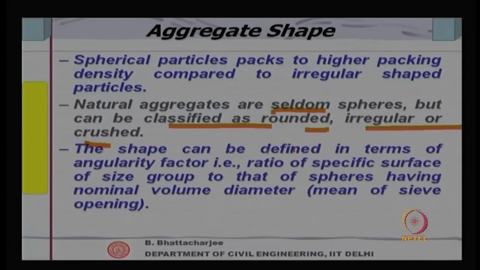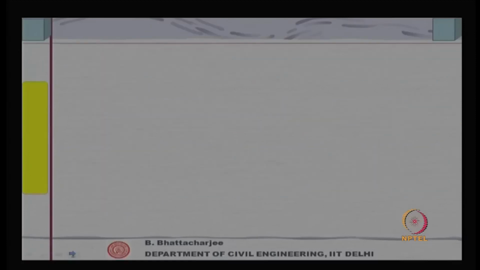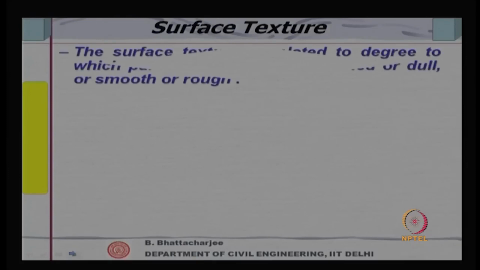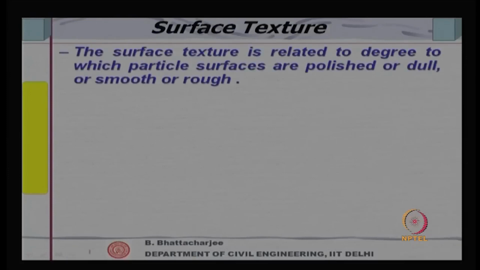The shape can be defined in terms of angularity factor, that is the ratio of specific surface of a size group to that of spheres having minimal volume diameter, that is the mean of sieve opening. Let us see what this is. Shape has an important role, because packing depends upon the shape, and angularity factor can be used to quantify shapes.